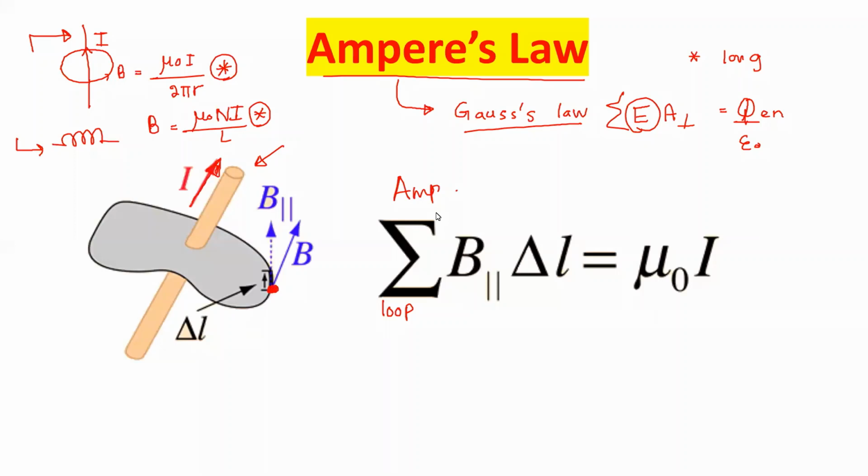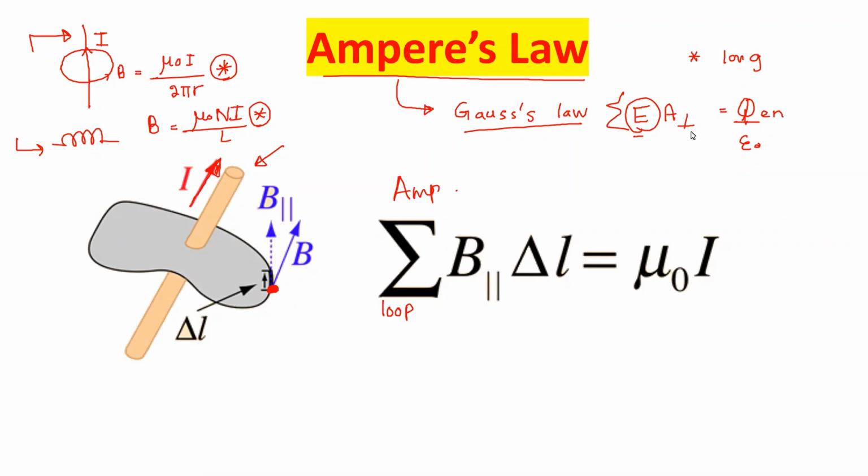So what Ampere said was, we have to have a closed loop. Closed loop means something like this. A closed circle or some structure which is closed. It doesn't need to have any specific shape. A closed loop is something like this. And we have to go around the loop, adding up the parallel magnetic field and the length.